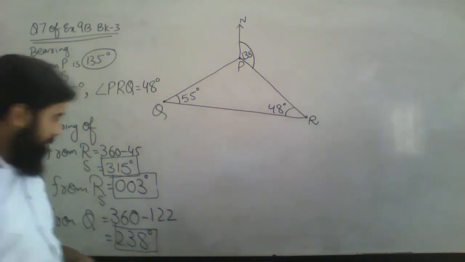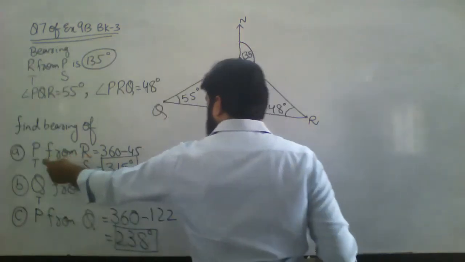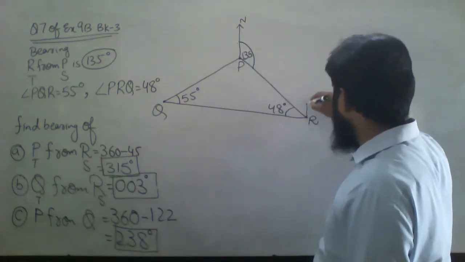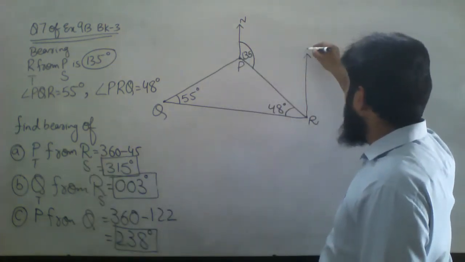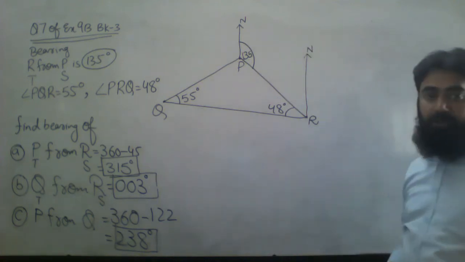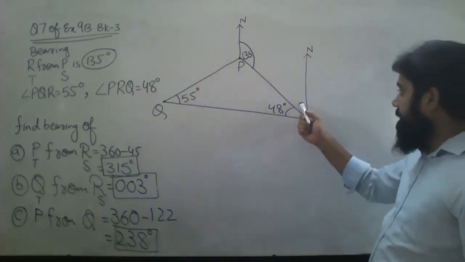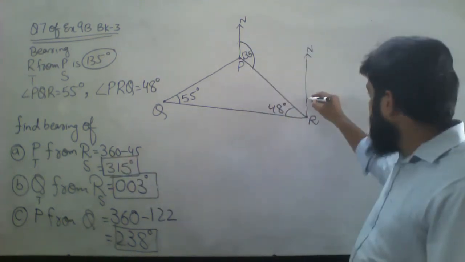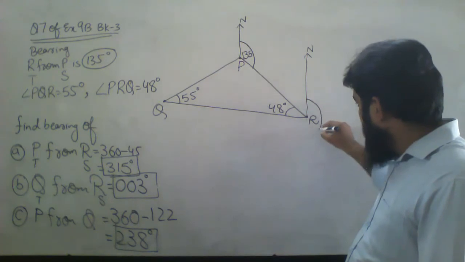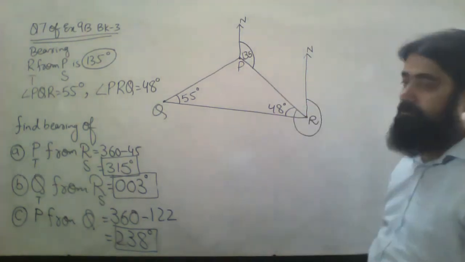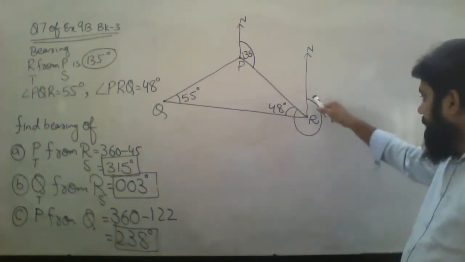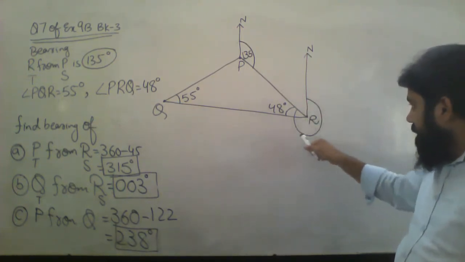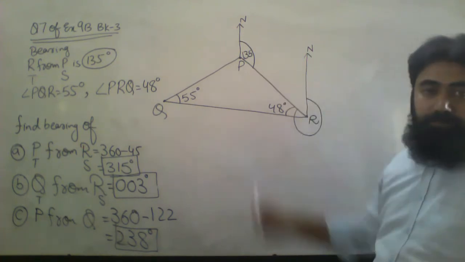So first one, bearing of P from R. R is the source, so this is my source where I have drawn my north. I have to find this whole thing, starting from north in the clockwise direction till the connected line.